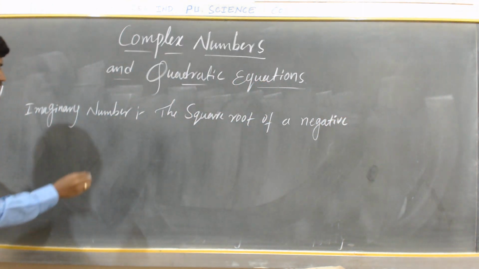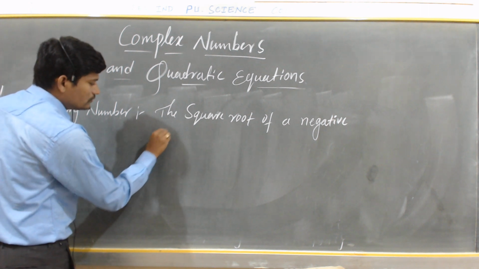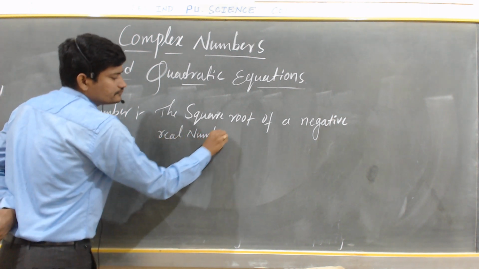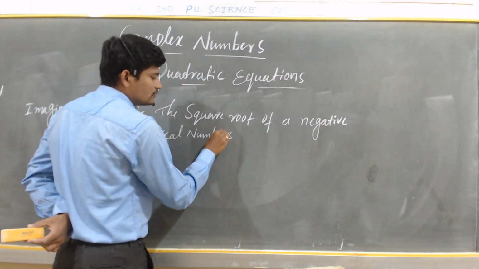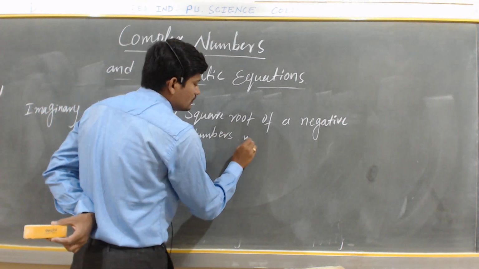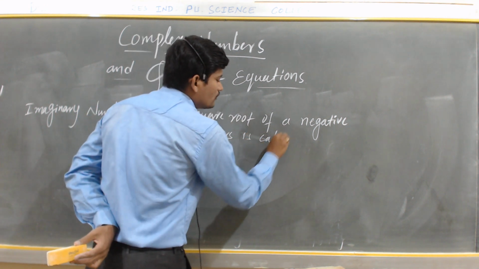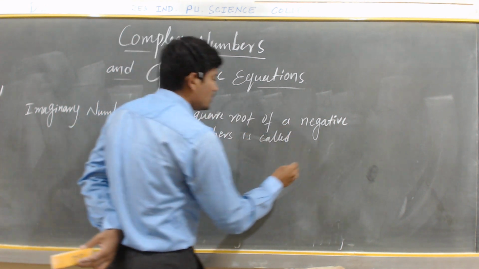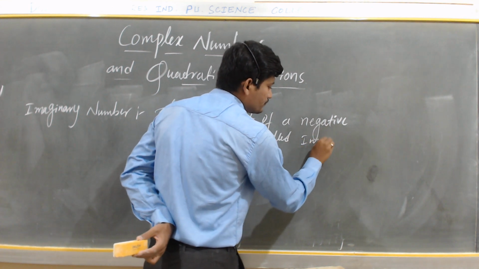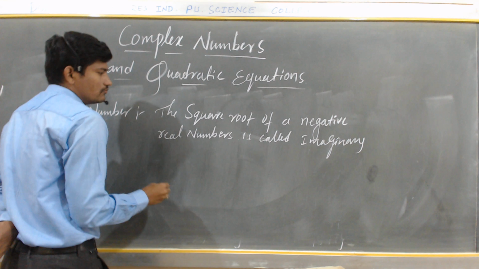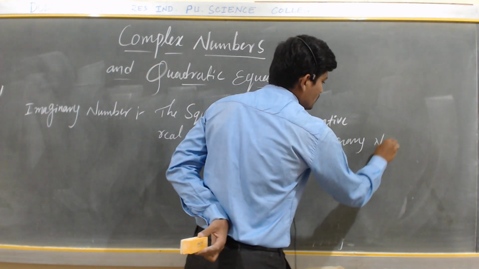The square root of a negative real number is called an imaginary number.